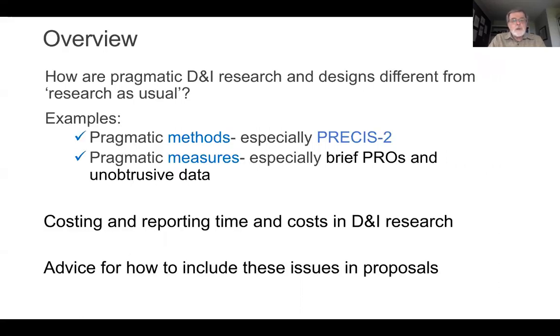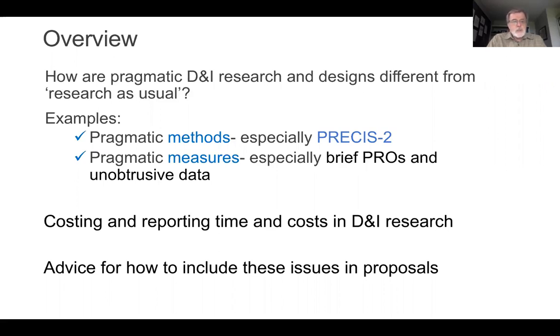So let's get started. Again, just a little more detail on what we want to cover and we'll be discussing. The first one has to do with pragmatic research, its definition, some examples, and then in particular, we want to go through a system to show how pragmatic your research is in different ways, your research design.